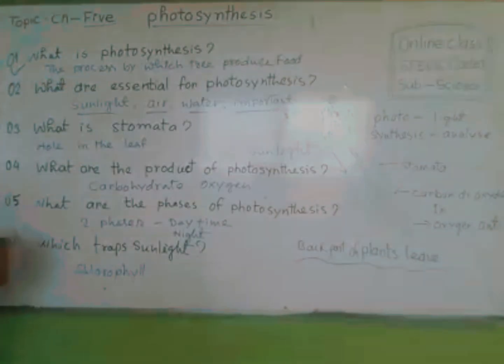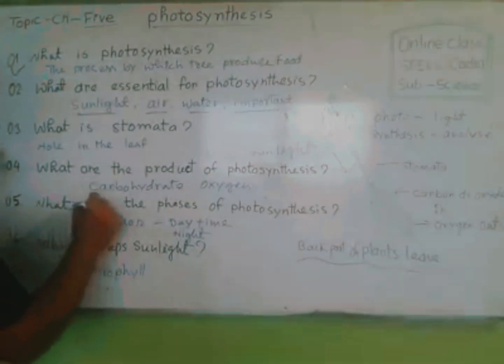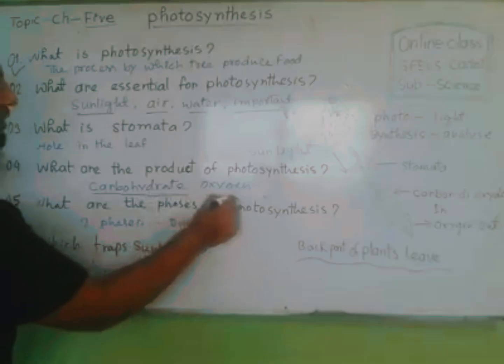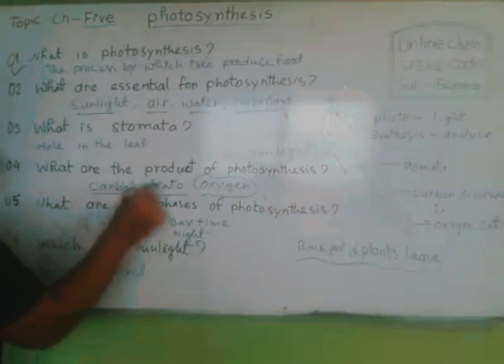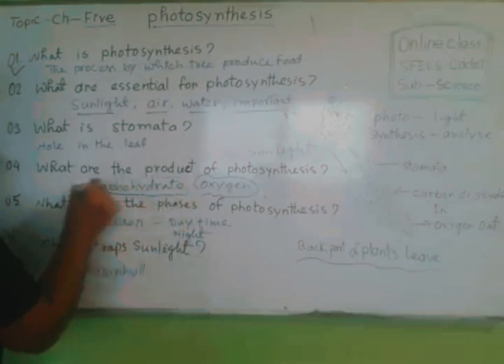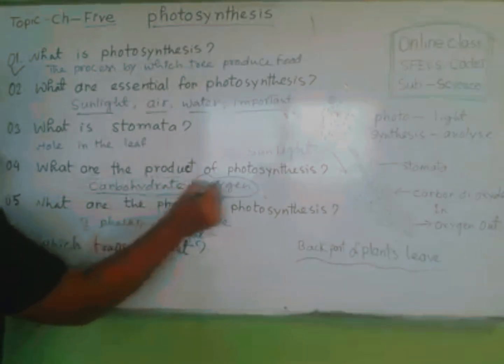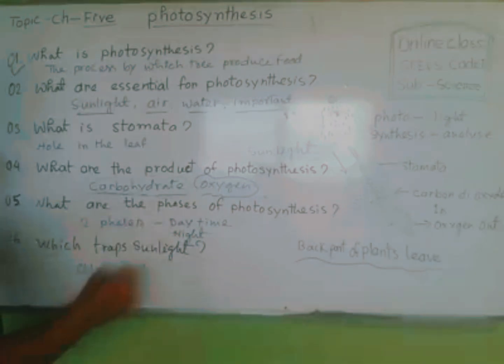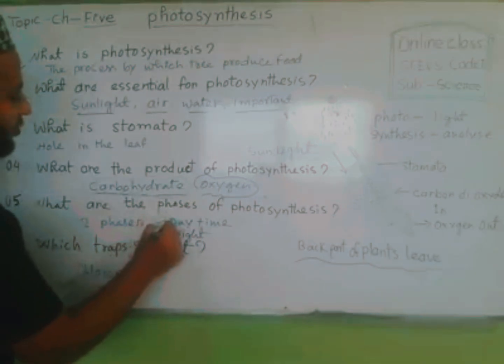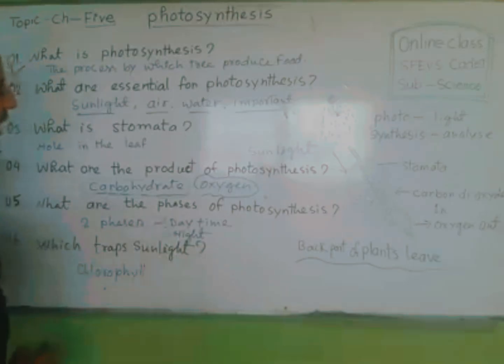What are the products of photosynthesis? Carbohydrate and oxygen. These two are the products of photosynthesis. What are the phases? One is photosynthesis occurring in daytime, and another is photosynthesis occurring at night.